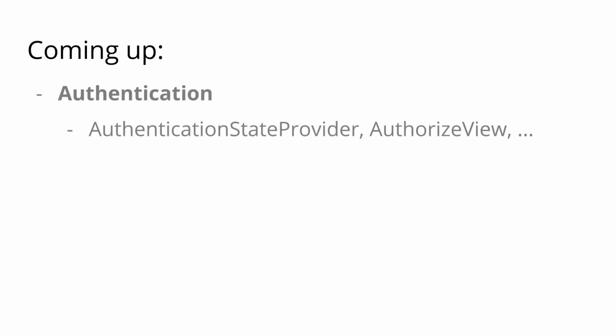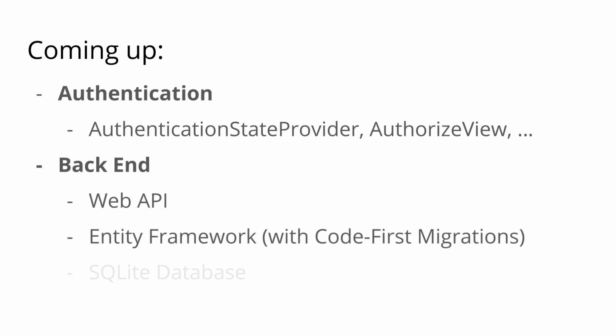In the next lectures of this course, you will add authentication to the client with the help of the authentication state provider and the authorized view. Then in the following sections, we will dive deep with a Web API, Entity Framework, and SQLite. So you will build the web service that'll be called by the Blazor WebAssembly client, and you learn how to store the data in a database.